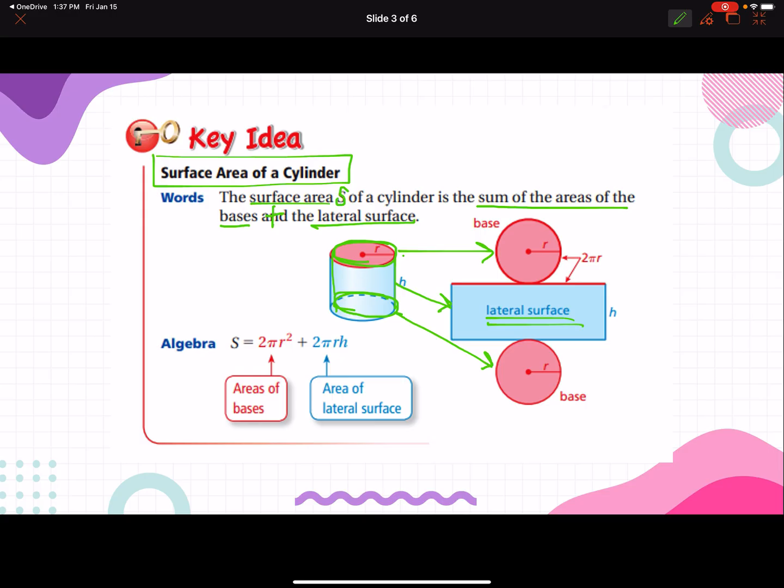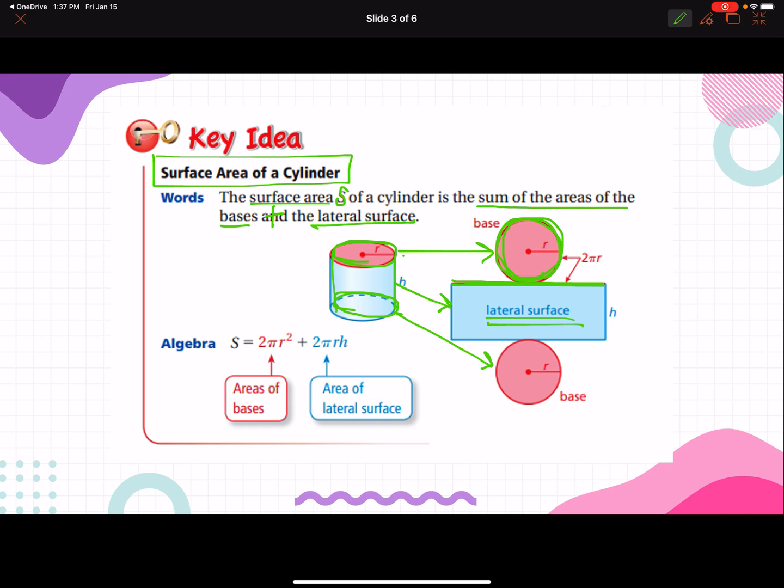Now, in our diagram here, you can see that if I were to take off that outside edge of the cylinder, the length of that lateral surface is the same length as the circumference of the base, which is in the shape of a circle.